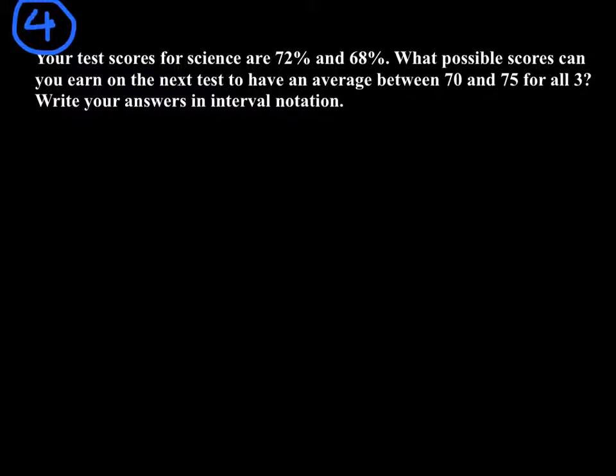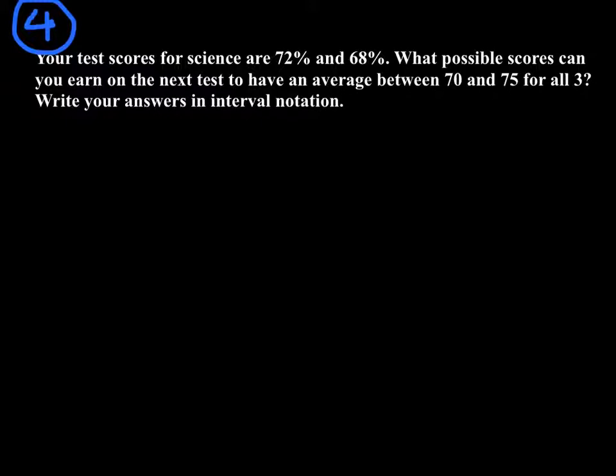Okay, the last one says your test scores for science are 72% and 68%. What possible scores can you earn on the next test to have an average between 70 and 75 for all three? Write your answer in interval notation. Alright, so this one's a little bit tricky.